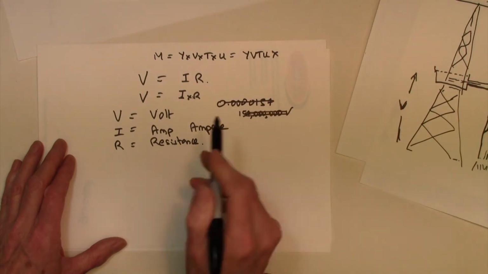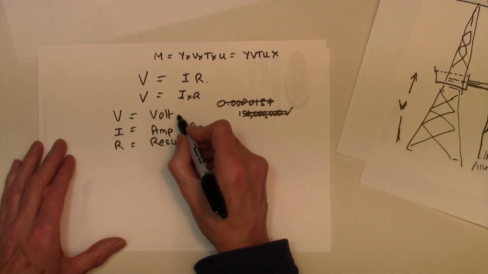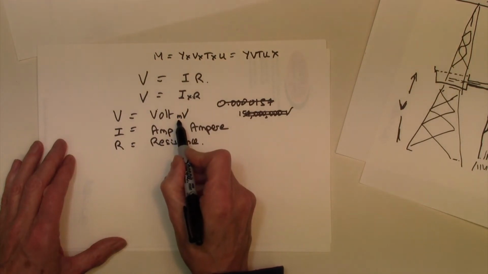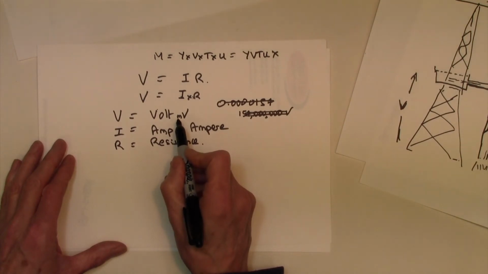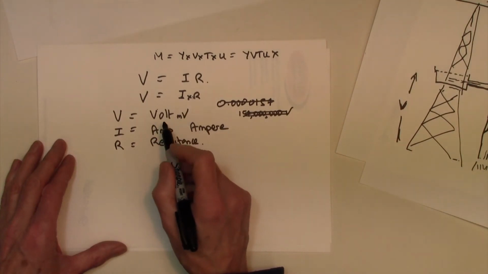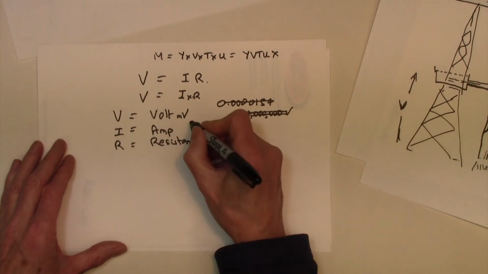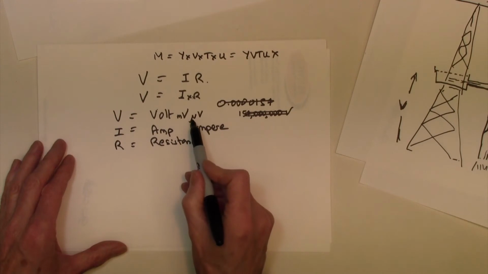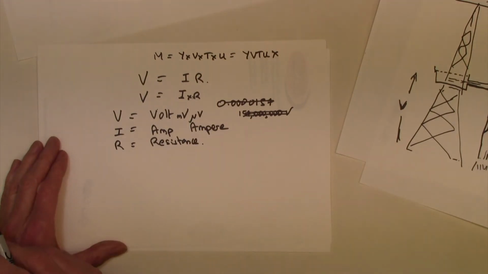So we have these units, which I'm sure you'll be familiar with. We have a millivolt. Milli is always 1,000th. A millimeter is 1,000th of a meter. So a millivolt is 1,000th of a volt. A microvolt is a millionth of a volt. Again, micro is always 1 millionth, no matter what you're putting that in front of.